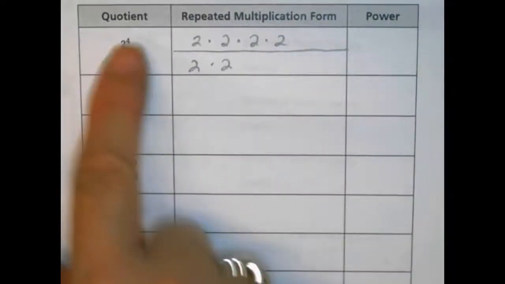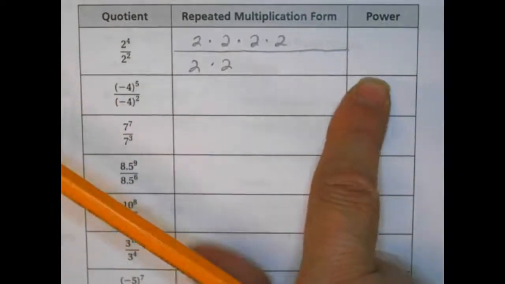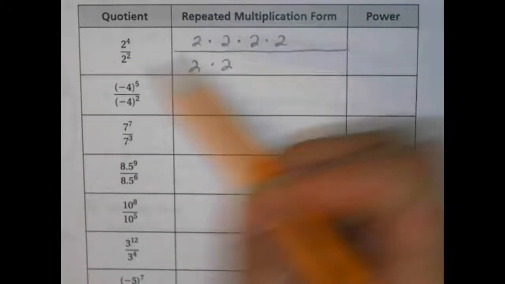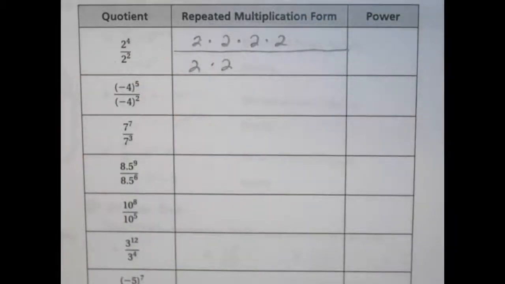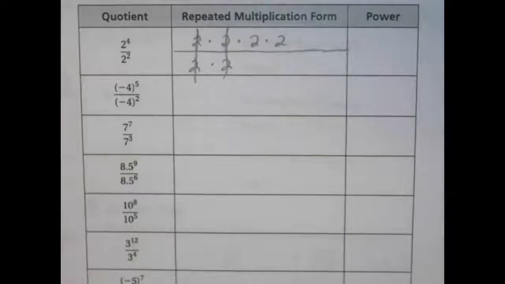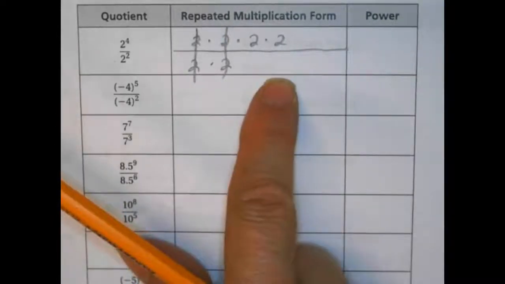Now, I want to simplify this and put my answer over here in the form of a power. When I have powers with the same base, everything is a 2, right? I can simply eliminate my pairs like this. So do I have anything left in my denominator?